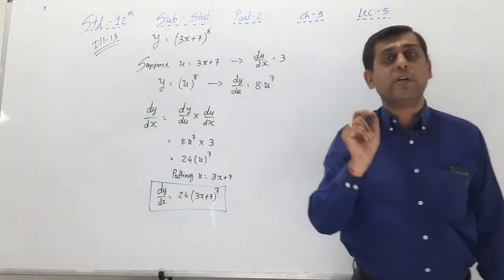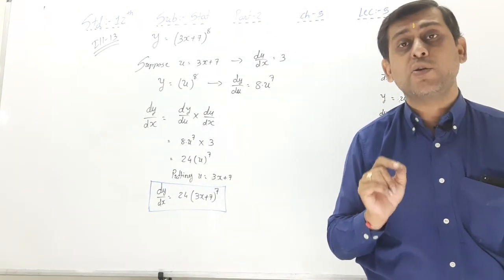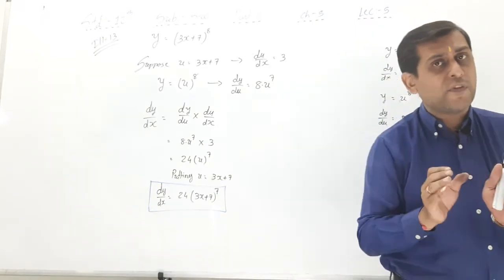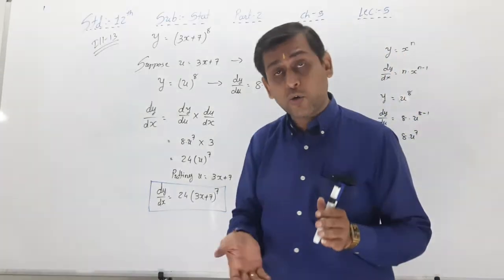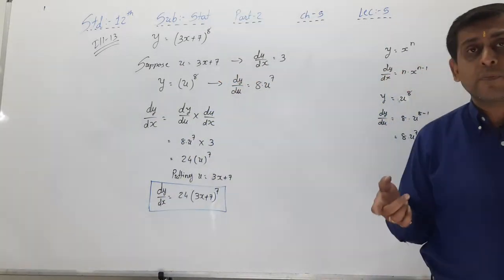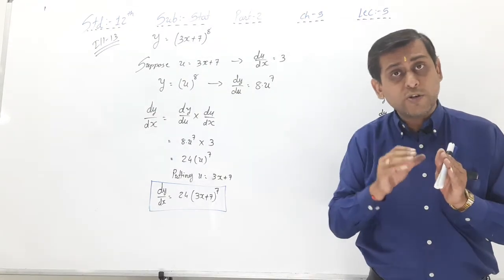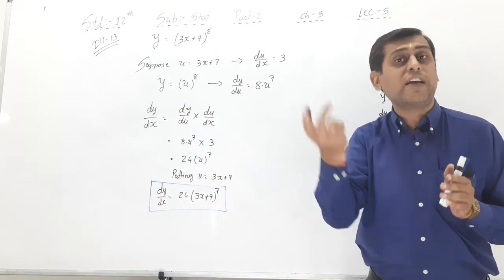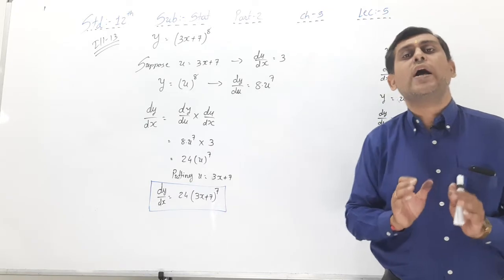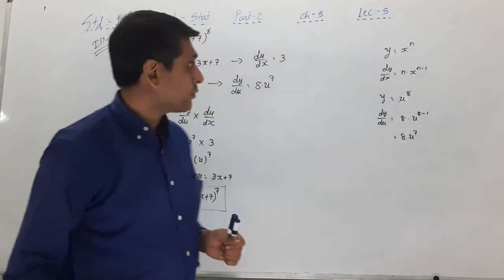Here we can apply the chain rule, because a function is given and a power is given for that function. Whenever two functions, that is one function and its power as the second function, are given, you have to apply the chain rule.